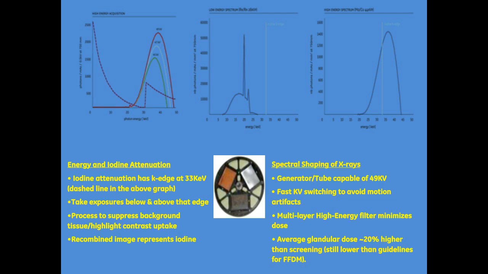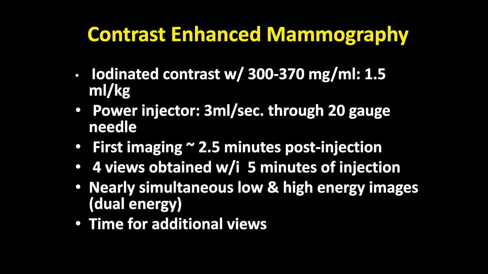The low energy image is performed below the K edge of iodine and the high energy image above. And then with post-processing, one generates the iodine image. The contrast used is the same contrast we use for CT scanning.